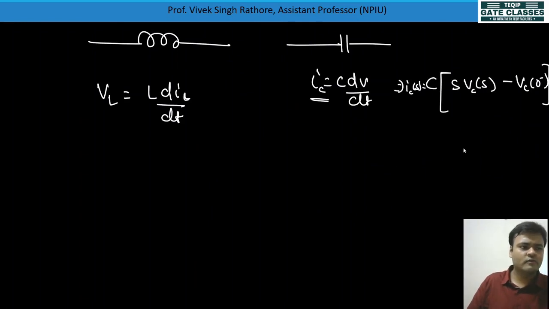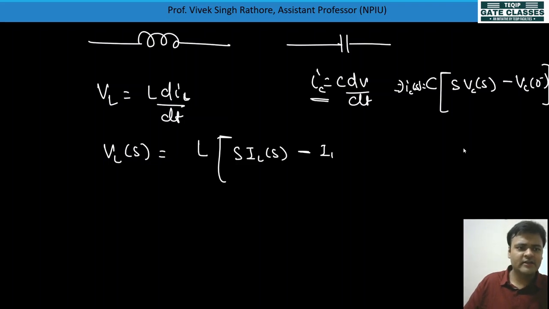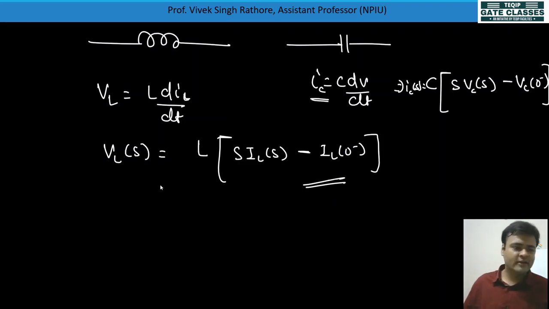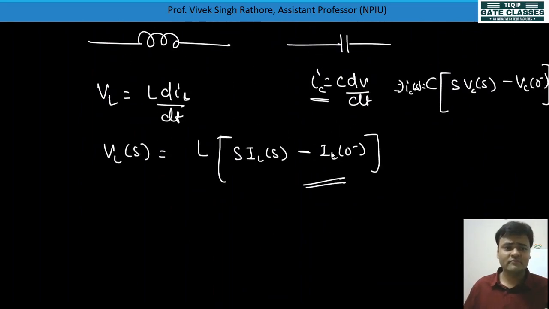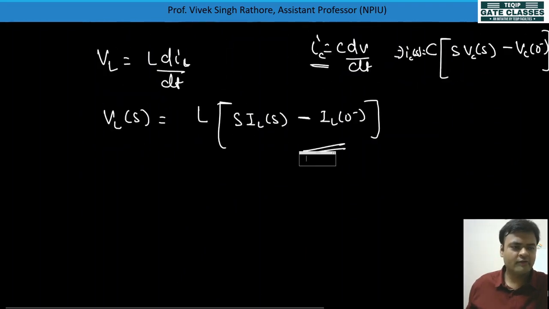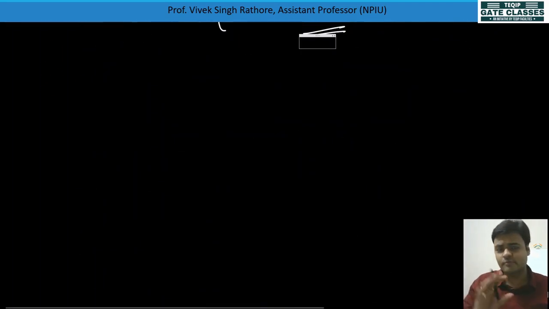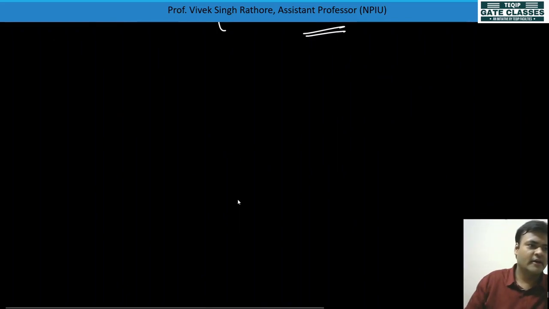So the voltage across the inductor in the s domain, V_L(s), can be written as L times s into I_L(s) minus the initial value I_L(0 minus). So here, in the unilateral Laplace transform, we are also taking the initial values.